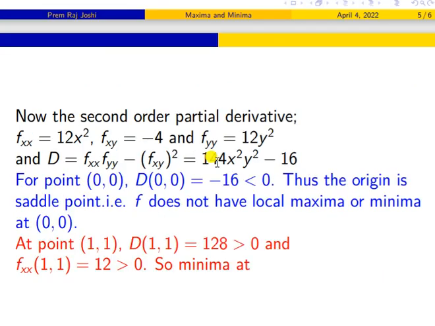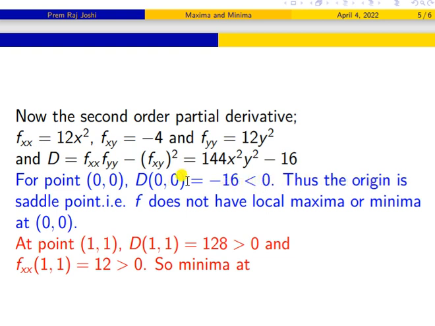Now for the second order test, we find f x x, f x y, f y y, and we get the value of D like this. The value of D at 0 0 is 16 minus 16, which is less than 0.